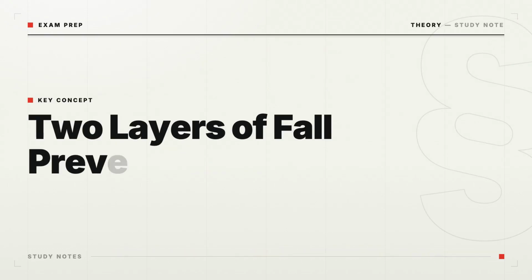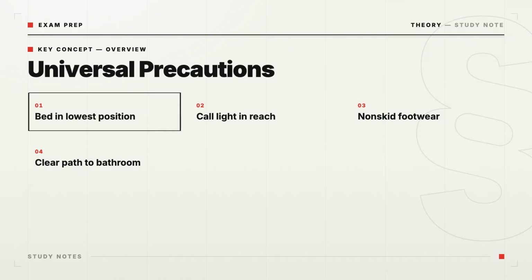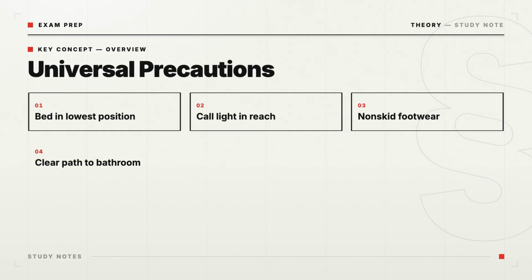Fall prevention actually has 2 layers, and mixing them up is one of the most common test-taking mistakes. The first layer is universal precautions, applied to every at-risk patient: the bed in its lowest position, a call light within reach, non-skid footwear, and a clear path to the bathroom.